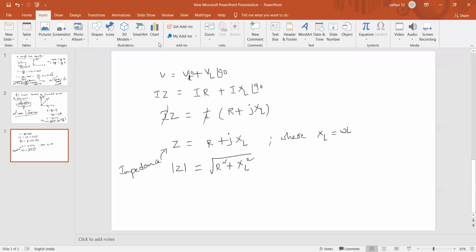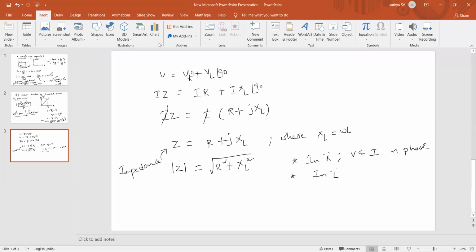Done. So what are the conclusion points for this? In this RL circuit, in the case of a resistor, voltage and current are in phase. In the case of a resistor, V and I are in phase, we drew that.